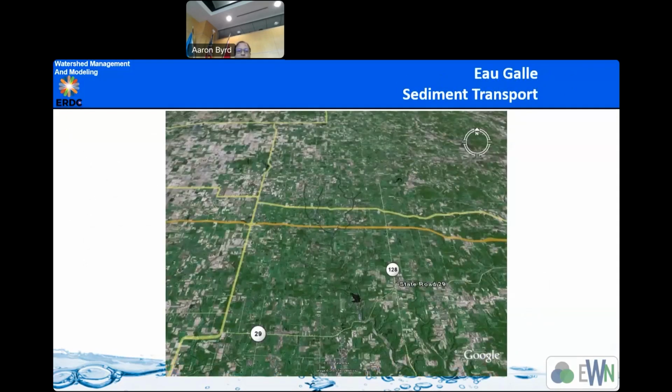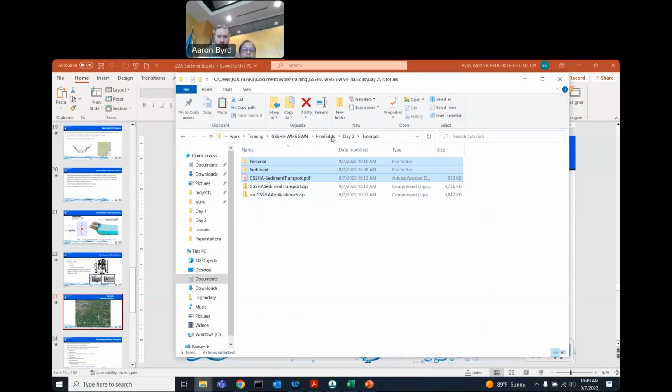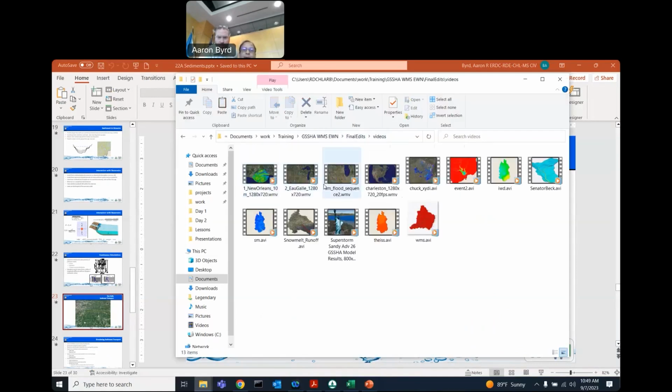Does this simulation run? Sure. I think if you put the cursor over it, it should open. Maybe not, no worries. It shows sediment moving around the watershed.